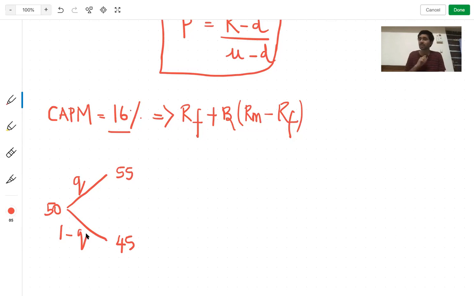Now I'm not a risk neutral investor anymore. I'm a risk averse investor. So for me, the required rate of return is not the risk free rate in this case. It's actually going to be 16%, right?